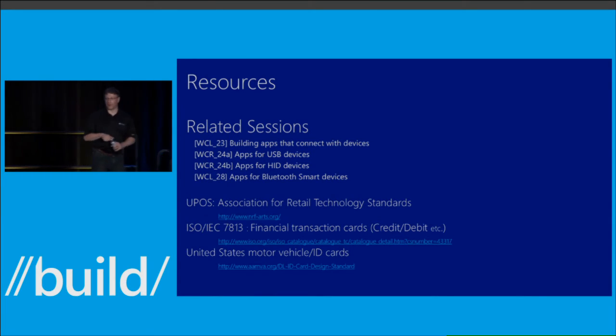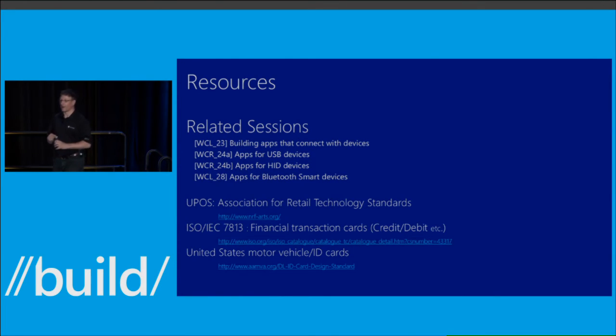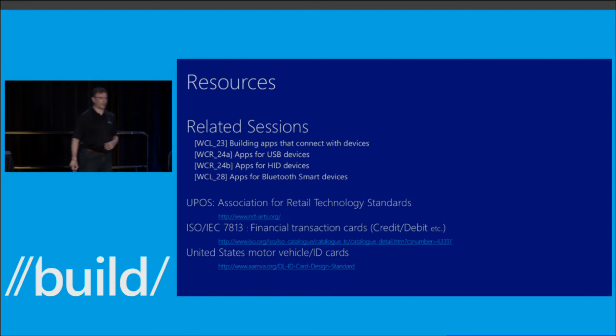So the question there is, during the keynote yesterday, I think it was Guggenheimer who showed an example of a ruggedized device that had a built-in scanner, and I think it also had a magnetic stripe reader. And the question is, are we aware of any device manufacturers that are building those classes of device? I don't have a name right here, but see me afterwards, and we'll exchange cards and go from there. And then the second question.